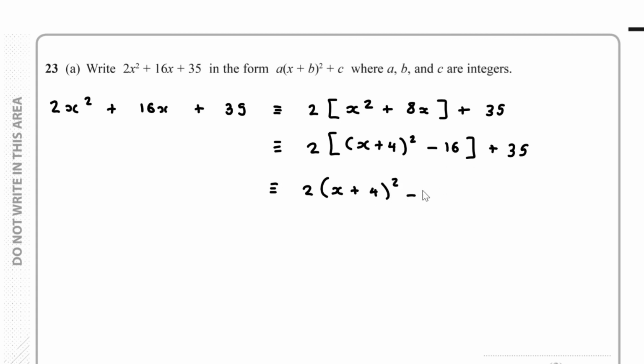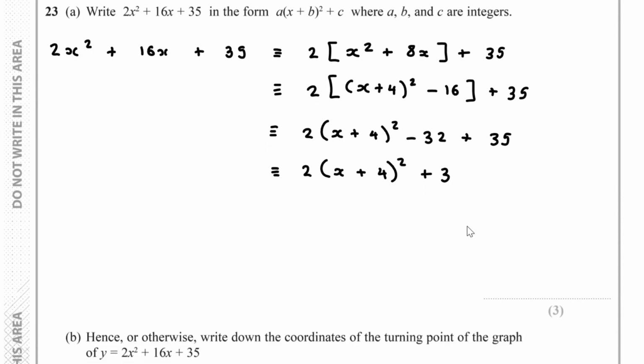Then 2 times minus 16, that's minus 32. And I've still got the plus 35. So we've got 2 lots of x plus 4 all squared, minus 32 plus 35, that's plus 3. So therefore, we end up with 2 lots of x plus 4 all squared plus 3.